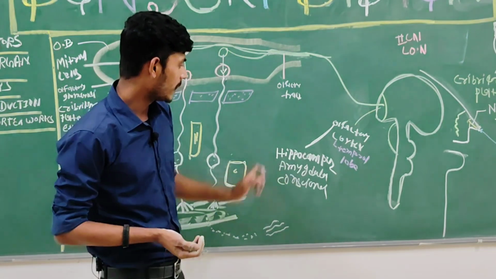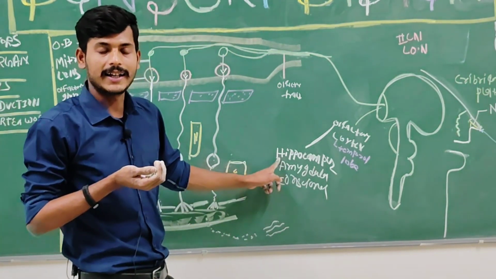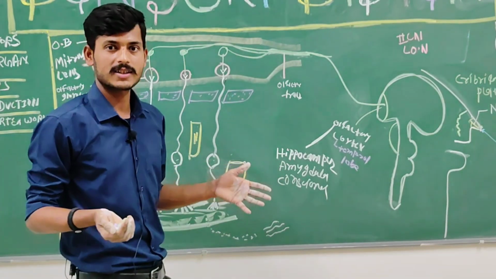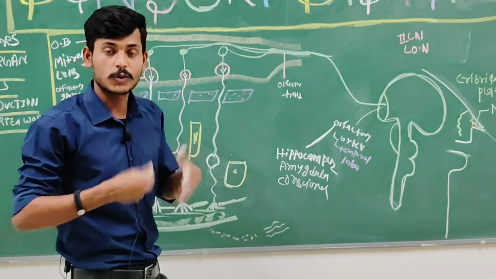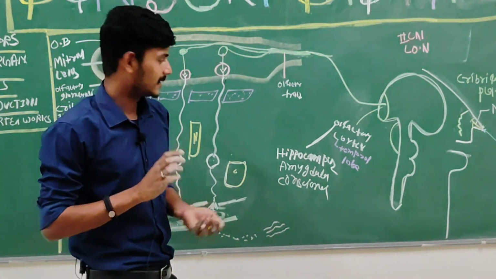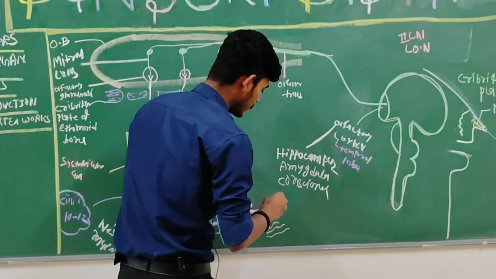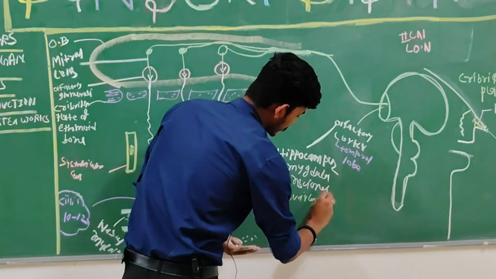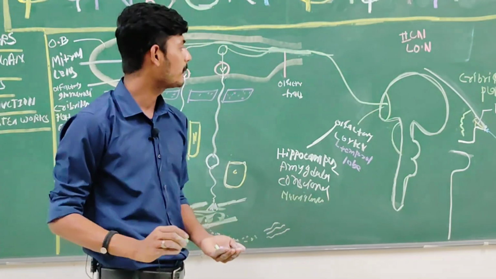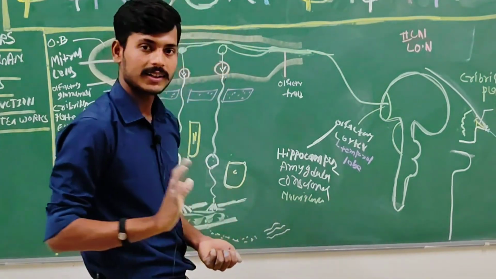That's why sometimes you smell something and you don't feel good, sometimes you become emotional, sometimes you start nauseating. It also has the link with the nausea center. Understanding?